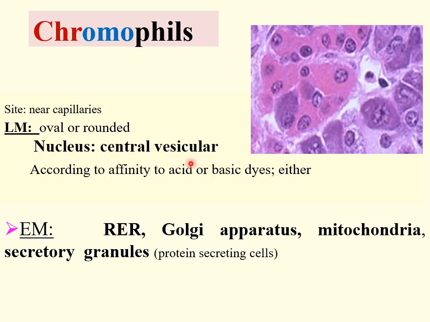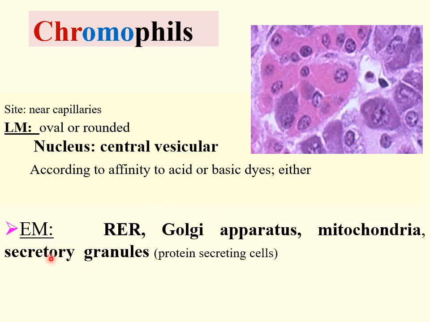Their nucleus is central and vesicular. Vesicular nucleus means an active nucleus, containing extended chromatin, with prominent nucleolus. According to the affinity to acidic or basic stains, these cells are either basophils or acidophils.